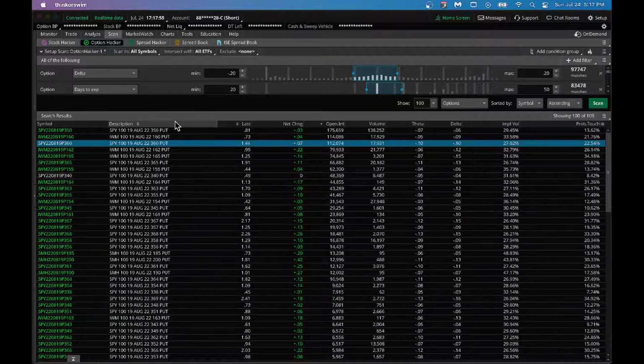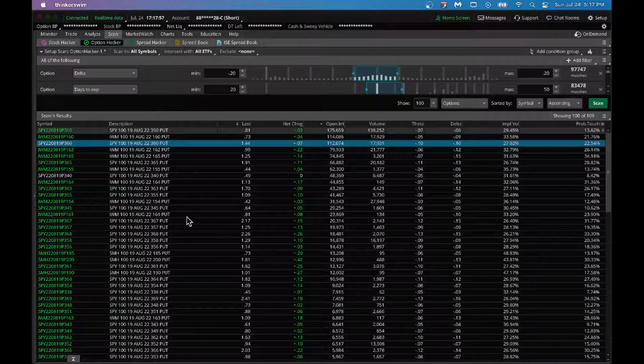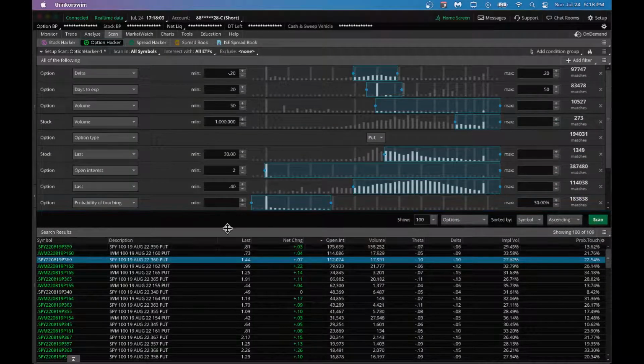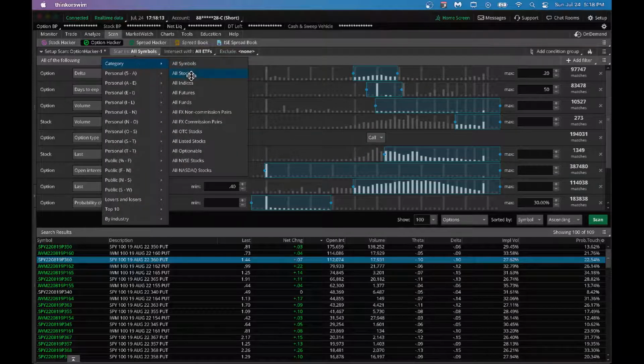Some of you might want to sell call options. If you want to sell call options, you could just go back here and change your option type to call. So you could sell some call options also. I normally sell call options on my favorite stocks.